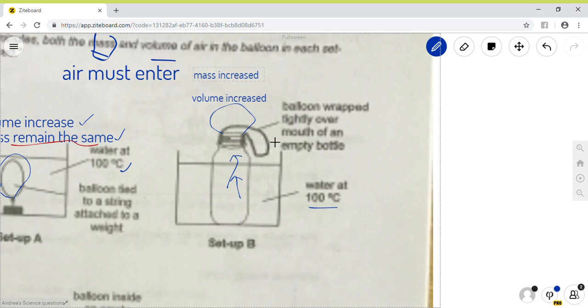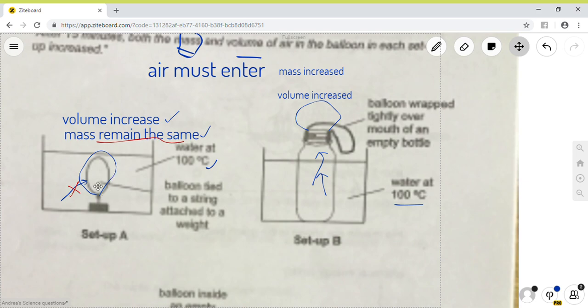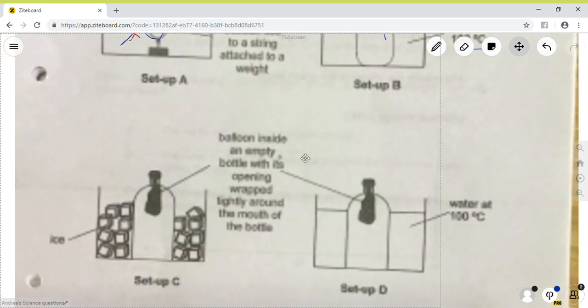Why did the mass increase here? Because air has gone in. There's new air going in. Compare to this, there's no air going in, only the volume became bigger. Here, different. In the balloon, the air went inside. So far, is it okay? Between these two, is it alright? Okay, next one.